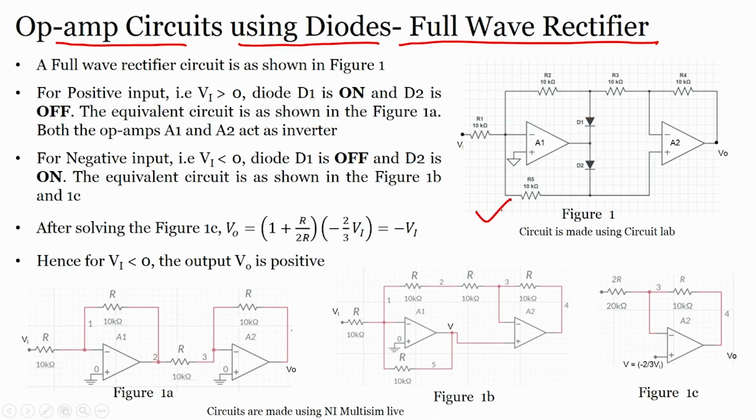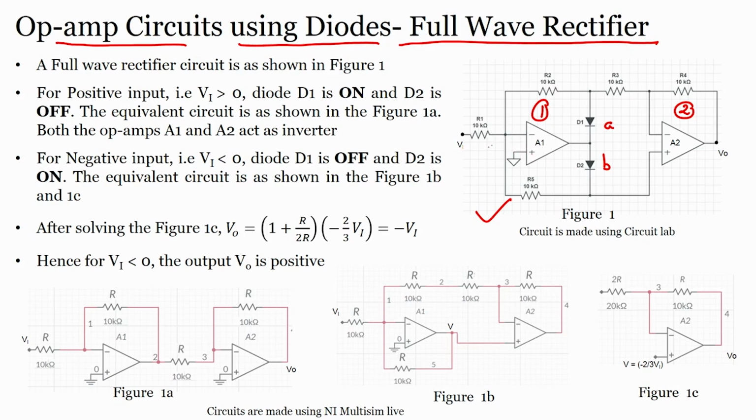Here we are using two operational amplifiers, 1 and 2, and two diodes A and B. We are using an inverting amplifier.